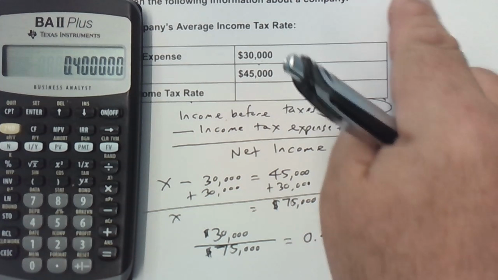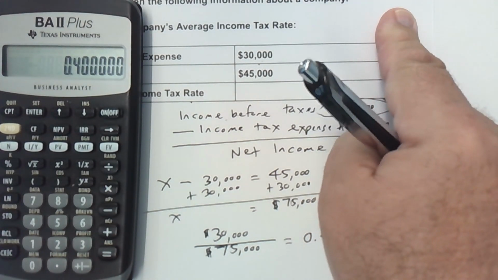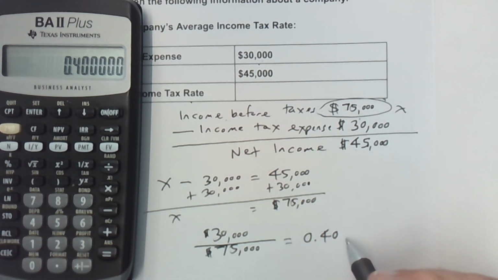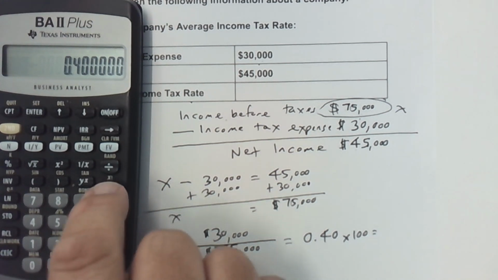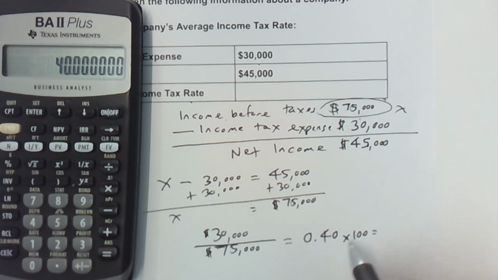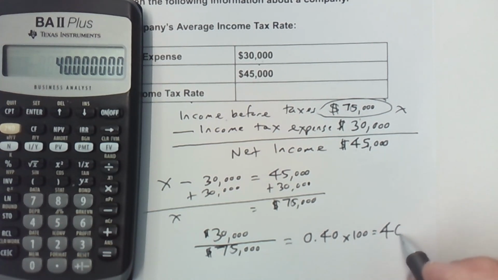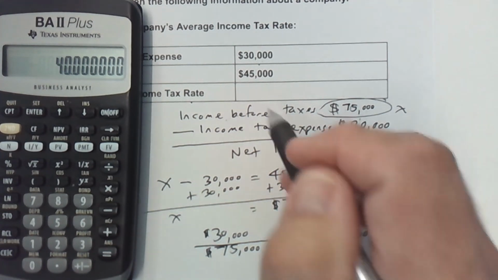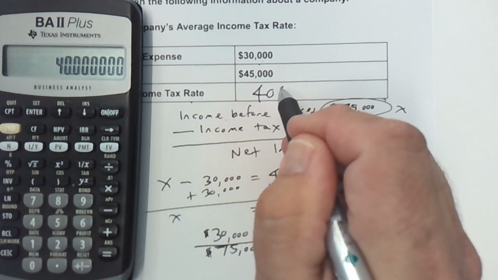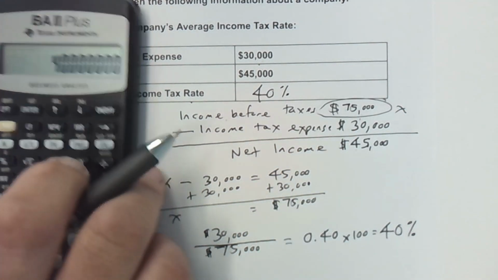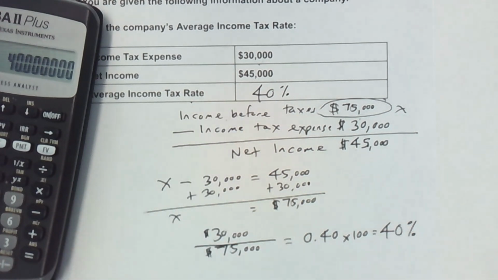I'm going to multiply it by 100, and of course, that moves the decimal place over 2, and that gives me 40%. So our average income tax rate is 40%.